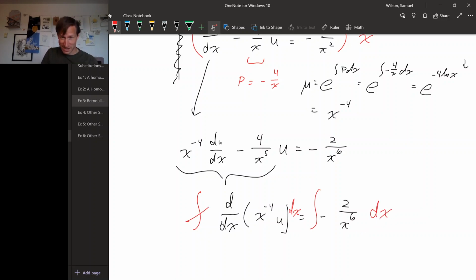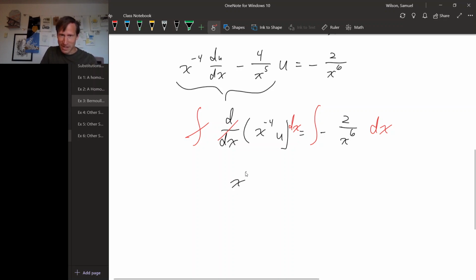On the left-hand side, the integral and the derivative undo each other, and we're left with x to the minus 4th times u. On the right-hand side, we get minus 2 times minus 1 over 5 x to the minus 5th. Let's check with the derivative. The minus sign cancels, yes, plus a constant, of course.